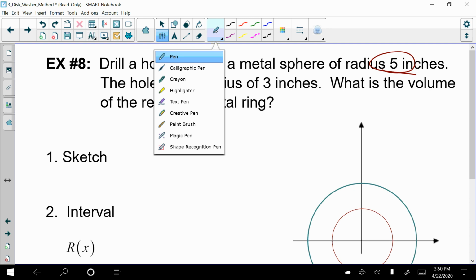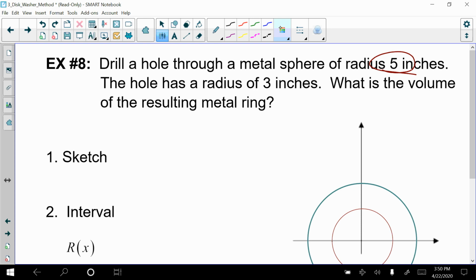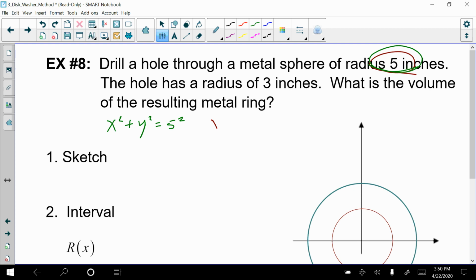So the outer circle would be x squared plus y squared equals 5 squared, or 25. And the equation of the inner circle, should we need it, will be x squared plus y squared equals 3 squared, or 9.